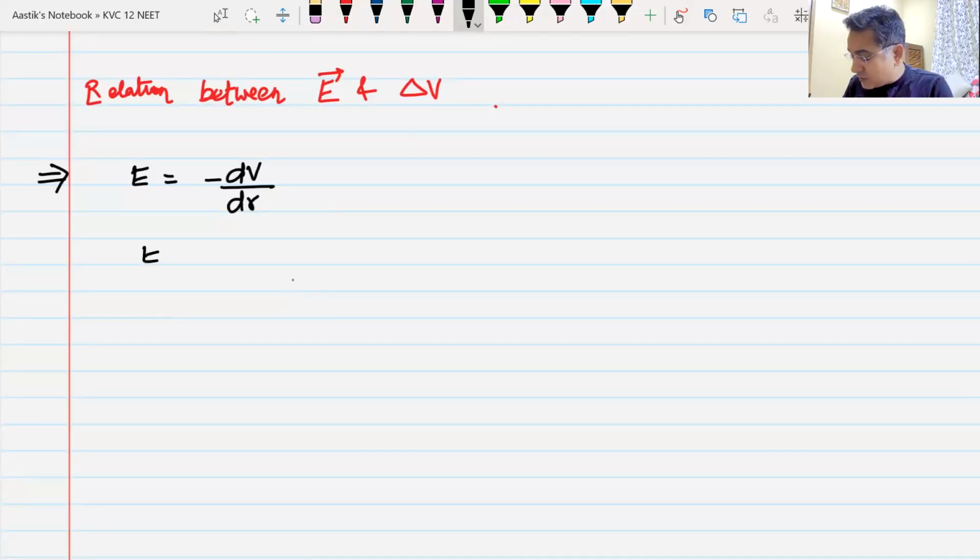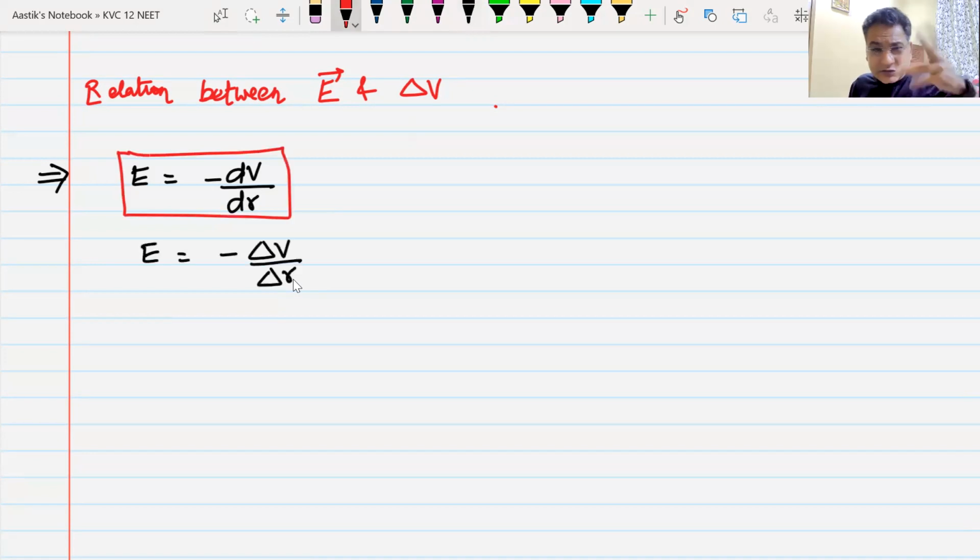In simple language, you can write this as minus the change in potential divided by the distance. But that is not exactly correct. The upper formula is the correct formula. The lower formula is just a broken-down version of the original formula.